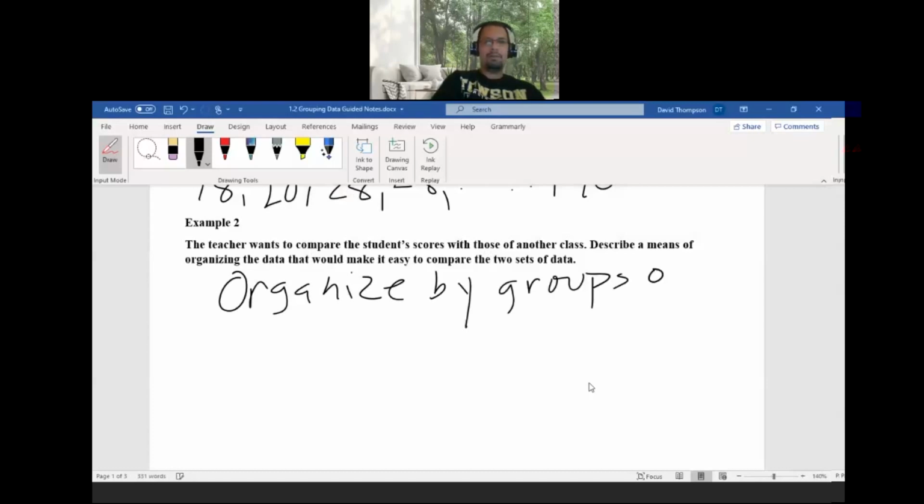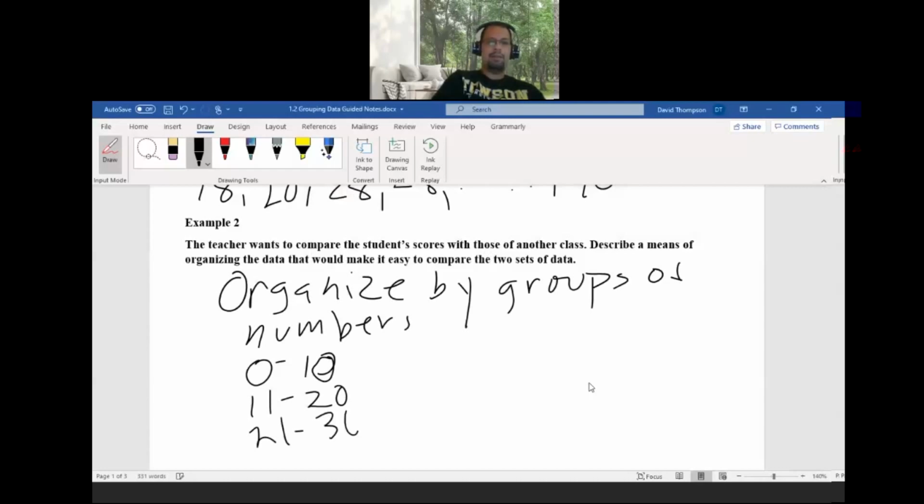So for example, we can have a group from 0 to 10, from 11 to 20, and 21 to 30. By organizing in groups like this, it makes it easier to compare the two class scores.